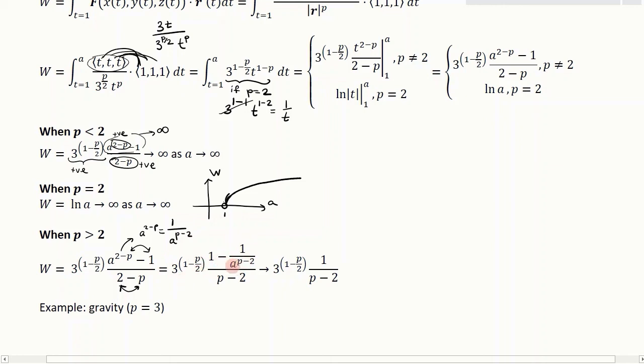Now you see p minus 2 is a positive number. So this power is positive, and we have 1 over a to a positive power. As a approaches infinity, a to the p minus 2 approaches infinity, so this fraction is going to approach 0.